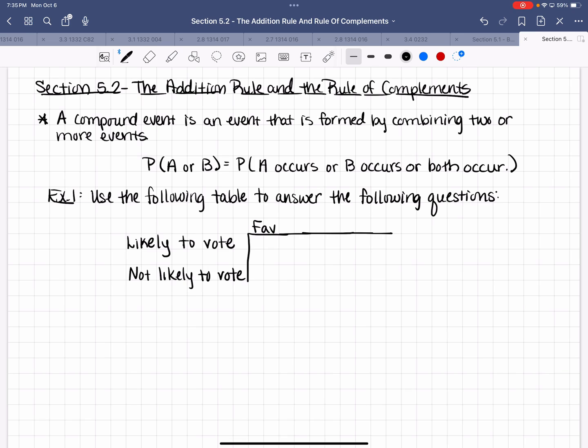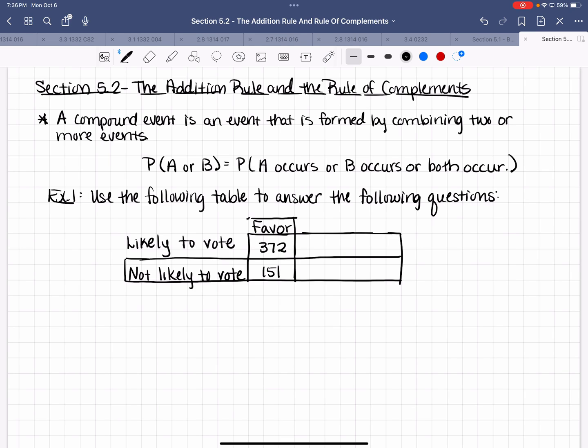And so we have people that are likely to vote that are in favor of whatever's happening. Okay? There's 372 of those people. And there are 151 people that are not likely to vote who would be in favor of it.